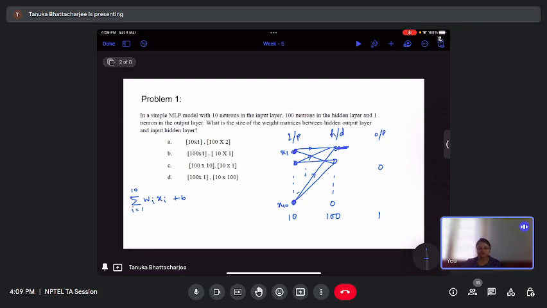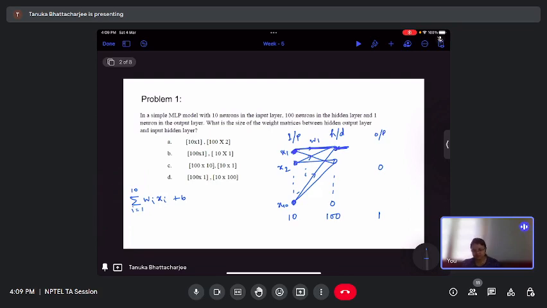So, this is x1, connected through a weight w1 to the next neuron. Similarly, next one is x2, connected through w2, and you do this linear combination w1 x1 plus w2 x2, like that till w10 x10, and you have one extra bias term.